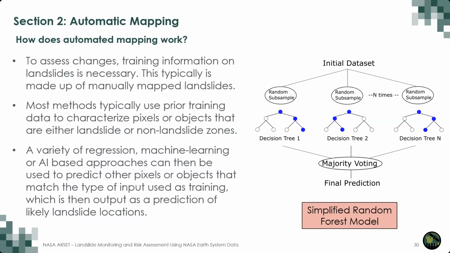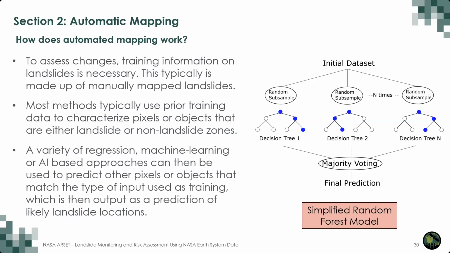So one example of this is using random forest models, where an initial data set is subsampled. Decision trees are used to assess the likelihood, either a yes or no, of landslide location. That's done over a large number of subsamples, and then this multiple set of trees is produced, with a majority voting estimate to produce a final prediction. This is just an example of one of many different types of machine learning or statistical methods used to do this.